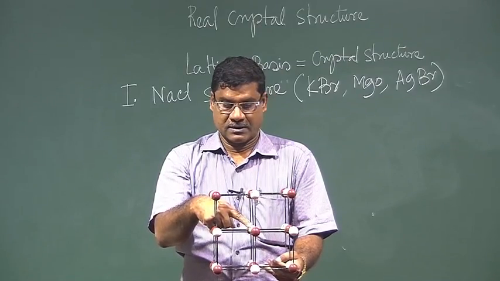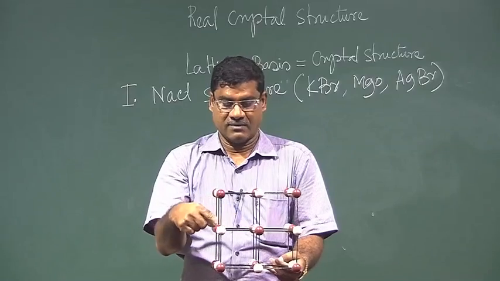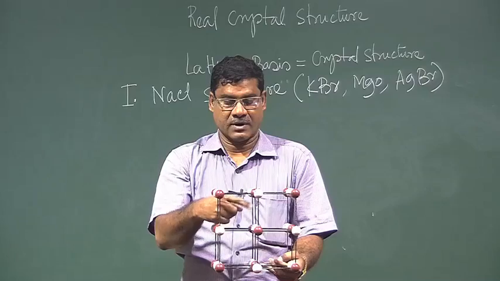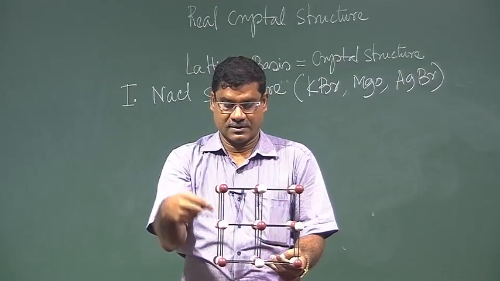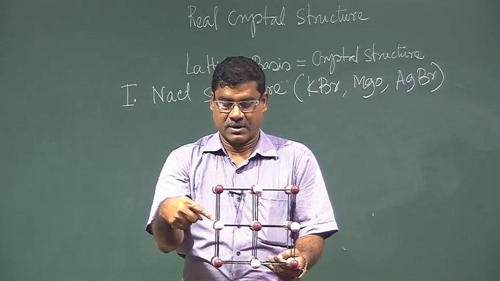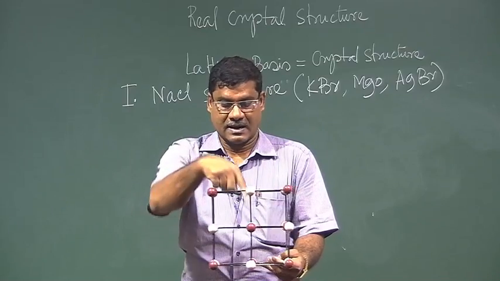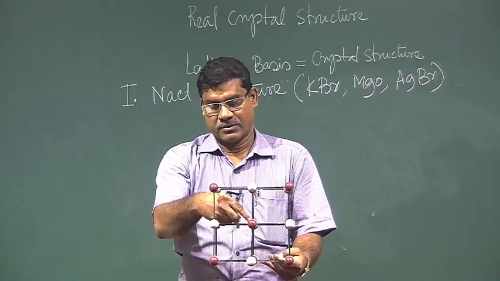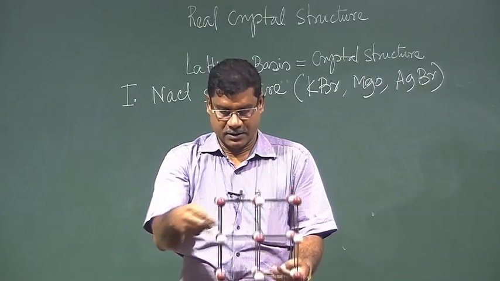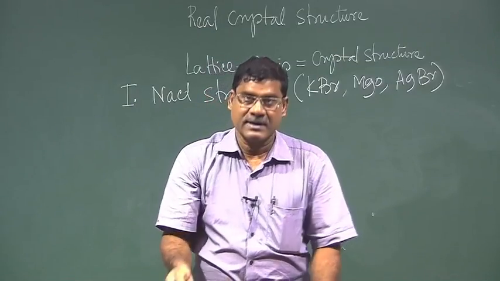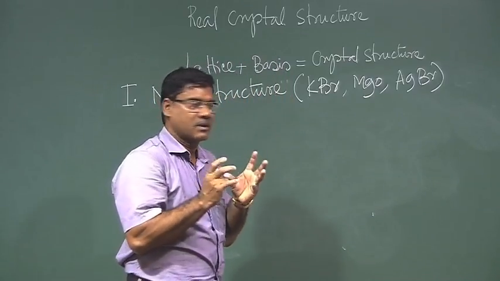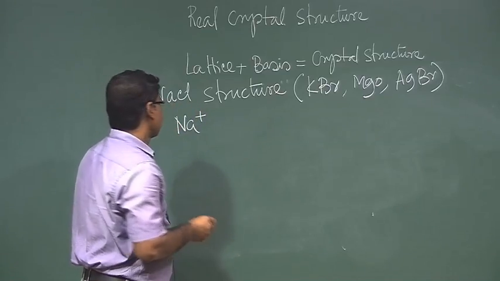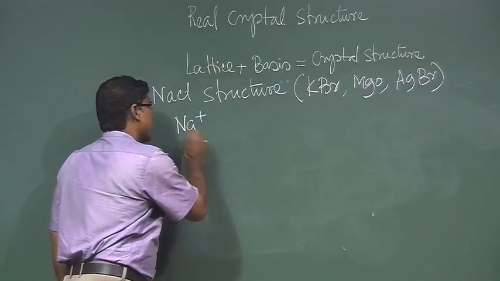The coordinate of this one will be half, 0, 0, this one 0, 0, half, this one half, half, half, and the other one will be 0, half, 0. So these are the coordinates I got for the 4 bases, for the sodium ion and, in this ionic crystal, the chlorine ion.